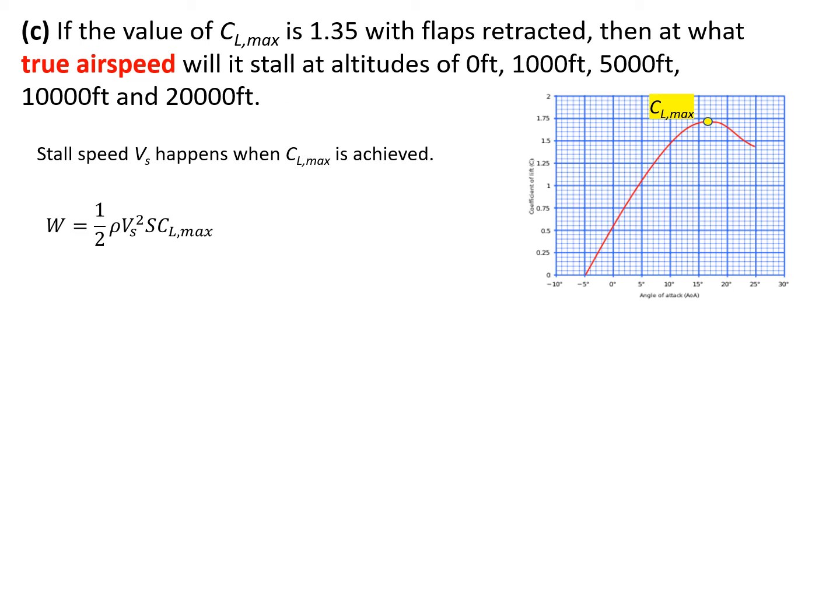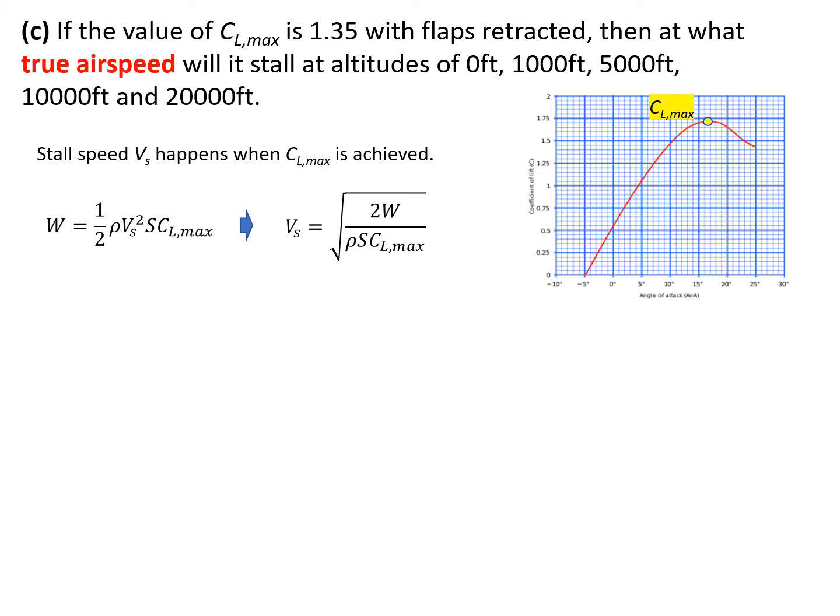Again, we have the weight equals the lift, and in this condition the lift is calculated at the stall condition, or critical point of the stall, where the CL max is achieved, and we denote stall speed as Vs. Then we can calculate Vs from this relation.